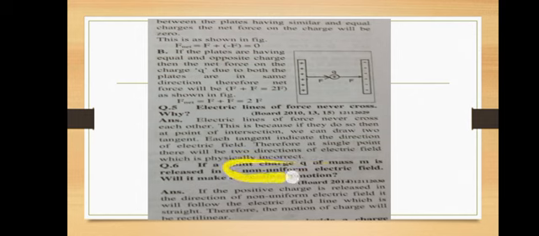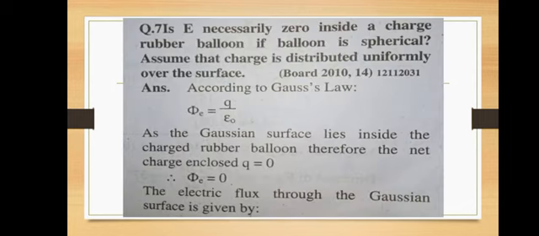The reason is, if the positive charge is released in the direction of the non-uniform electric field, it will follow the electric field line which is straight. Therefore, the motion of the charge will be rectilinear.